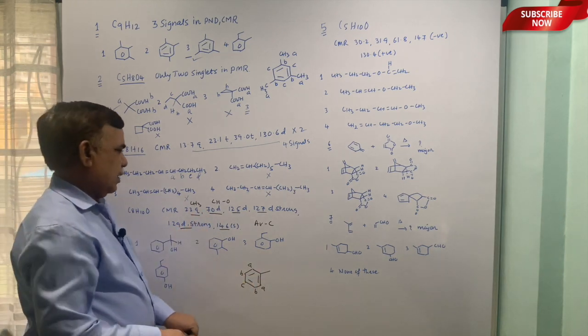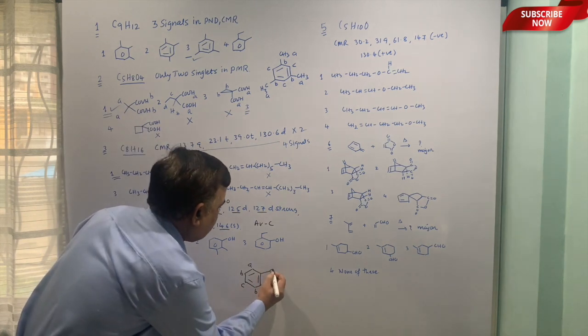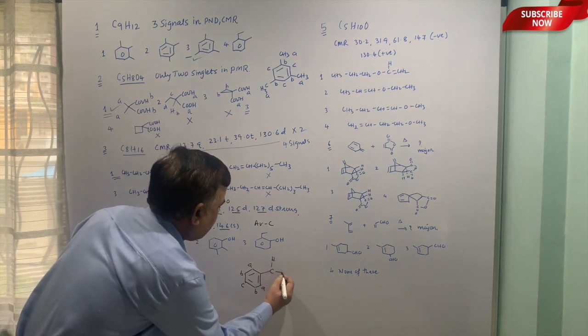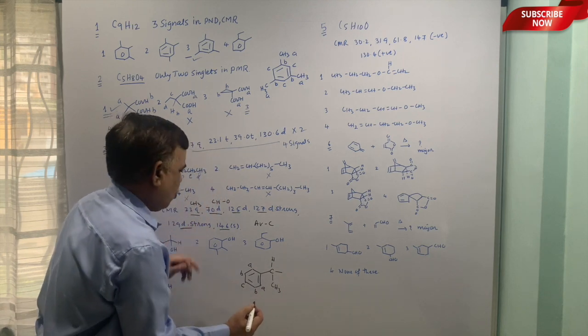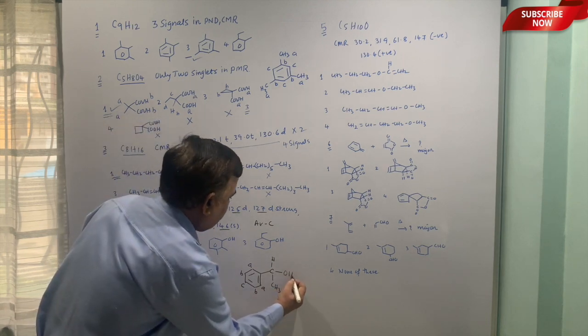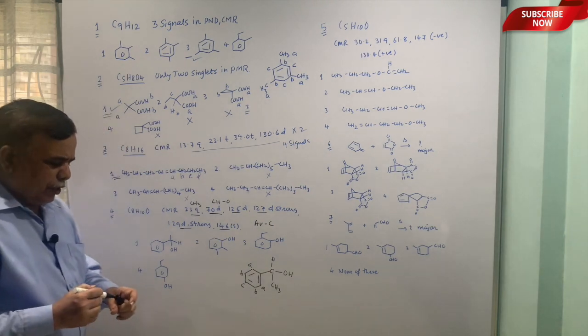Doublet is there. Now this is doublet, and you have got methyl also, because methyl will be quartet, and we are left with OH.